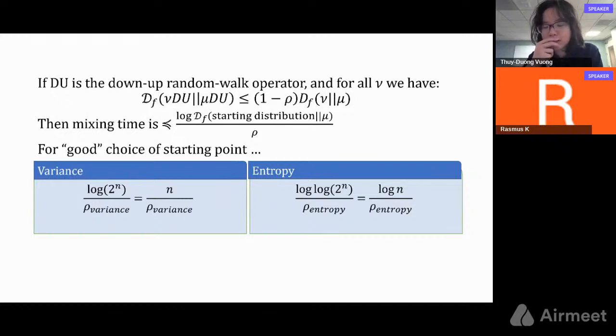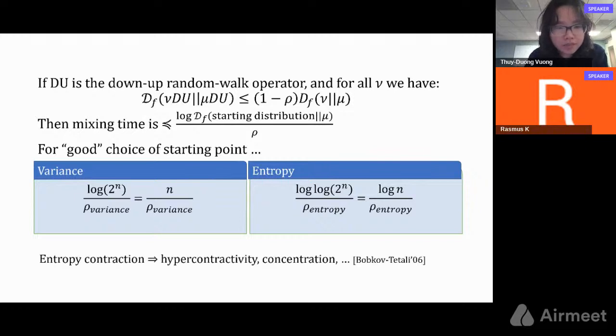So bounding this means you basically only need to compute the spectrum of a matrix, and this is not hard to do. But there is just no easy way to compute the entropy contraction factor. Besides implying mixing time, entropy contraction also implies other useful phenomena like concentration and hypercontractivity.